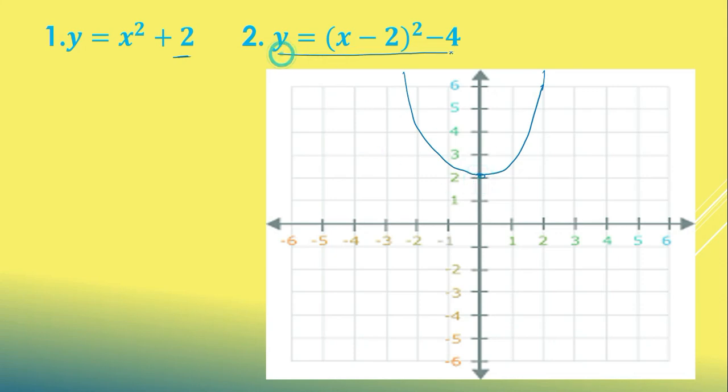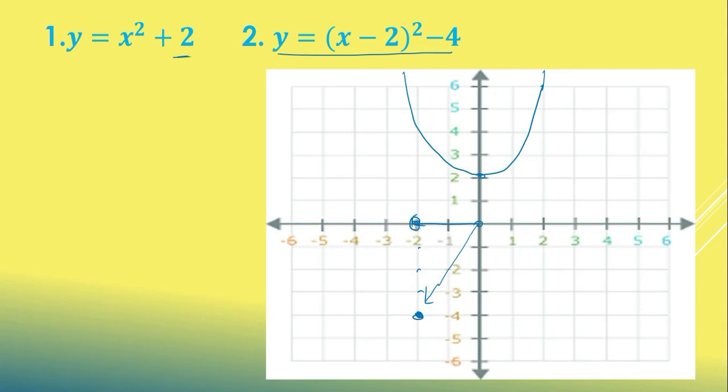Here for the second example, the same parabola is moving 2 units to the right from the center, and 4 units down, 1 2 3 4 here. This is the point. The origin is translated to this point.